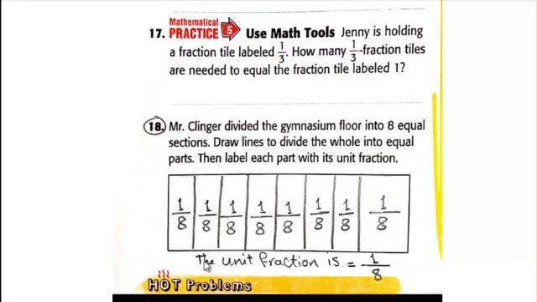So the unit fraction is 1 out of 8, or 1/8. Okay, a unit fraction must have 1 up and the total number of parts down. And here the total number of parts equals 8.